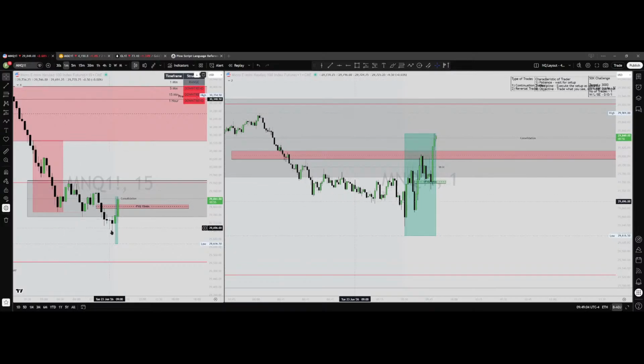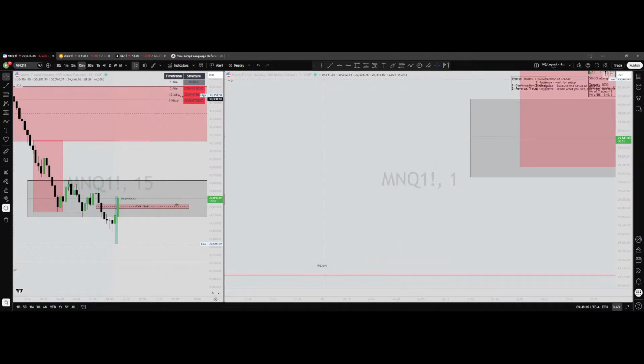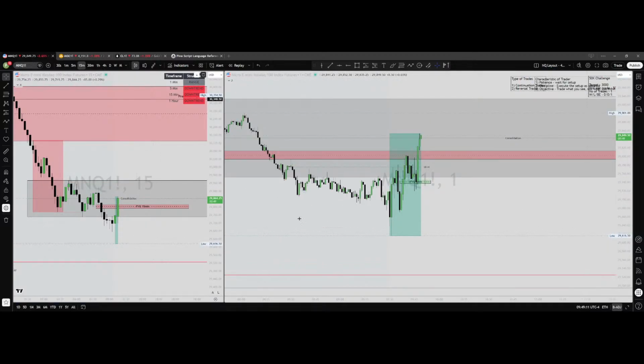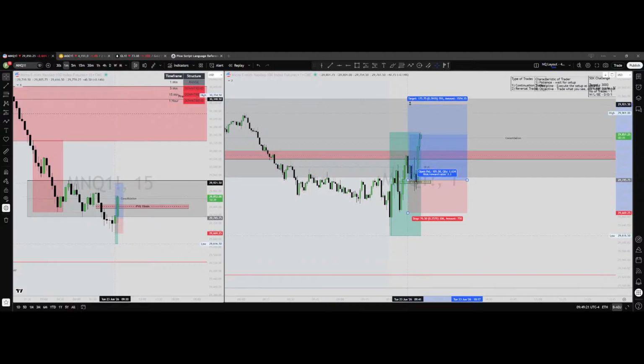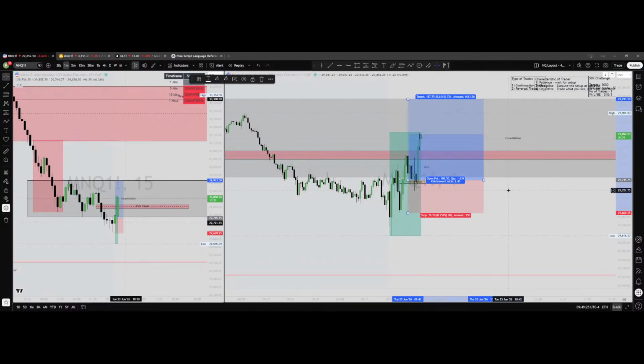We are expecting the price to take out this high and then come back again for this low. If we would have taken this long trade here somewhere, then our TP would be somewhere around here, 187 points.